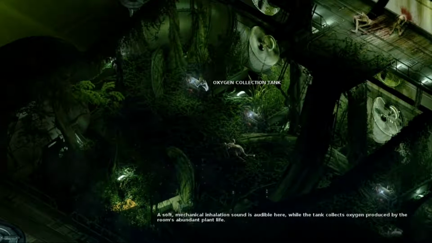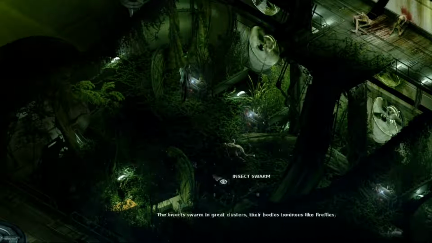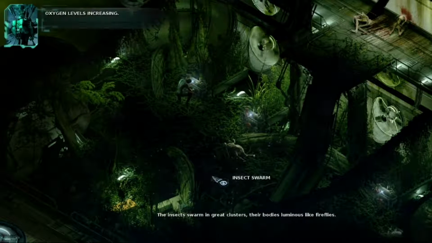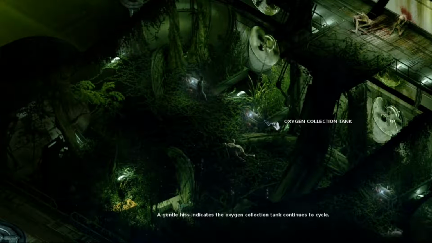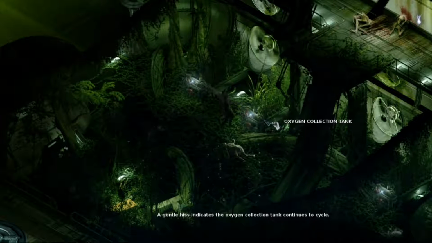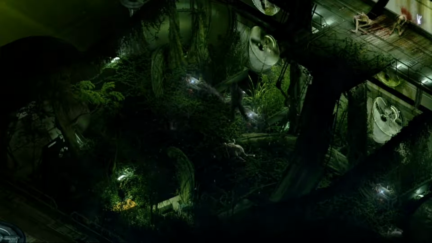So is this because we opened this oxygen? Or is it because we shouldn't be going around these insects? Oxygen levels increasing. Yeah, I think we shouldn't go this way.